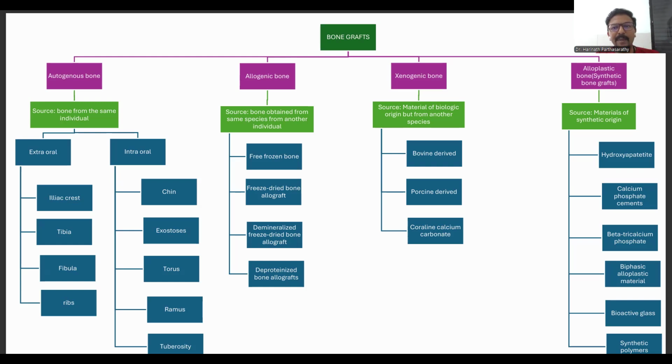If you have a huge periapical cyst and a huge defect there, after debridement of the periapical lesion, you can graft these materials, fill the defect, and get good bone formation. Post mandibulectomy or maxillectomy, these can be used for reconstructive purposes.